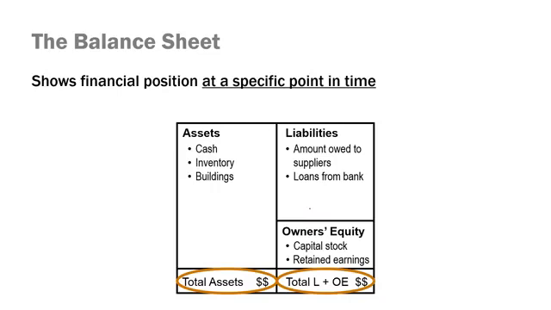At the end of the asset section, the balance in each of the asset accounts will be totaled to give us an indication of the total amount of resources that the company owns. And at the end of the liabilities and owner's equity section, the liabilities and owner's equity items will be totaled to give us an idea of the amount of funds that the company has obtained to invest in those resources.